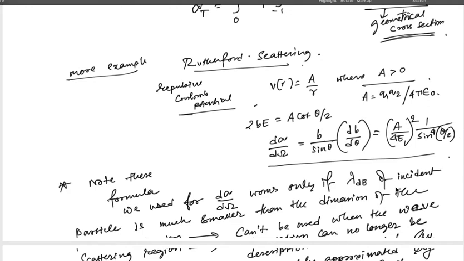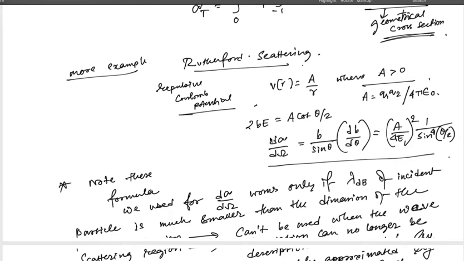Now for more examples, you can do a simple classical calculation which is a little bit non-trivial. Take Rutherford scattering, for example, for the Coulomb potential. You can show, using classical mechanics and classical electrodynamics, that V(r) is equal to A by r, which is what Rutherford and others initially did.